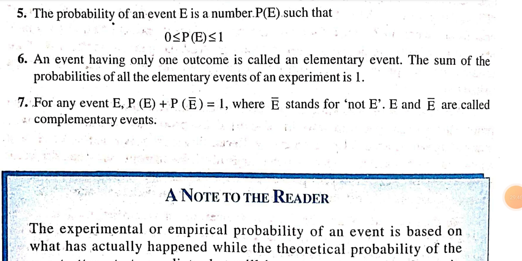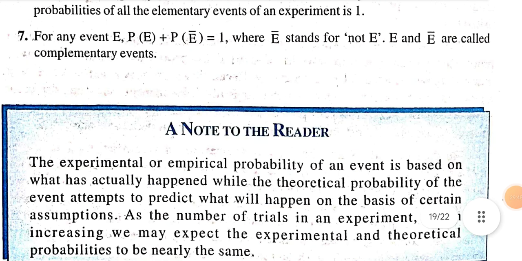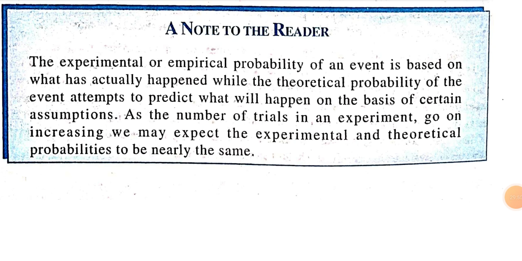E and Ē are called complementary events. A note to the reader: the experimental or empirical probability of an event is based on what has actually happened, while the theoretical probability of the event predicts what will happen on the basis of certain assumptions. As the number of trials in an experiment goes on increasing, we may expect the experimental and theoretical probabilities to be nearly the same.